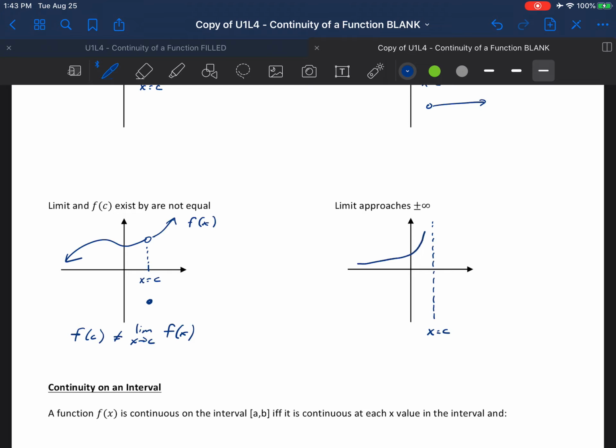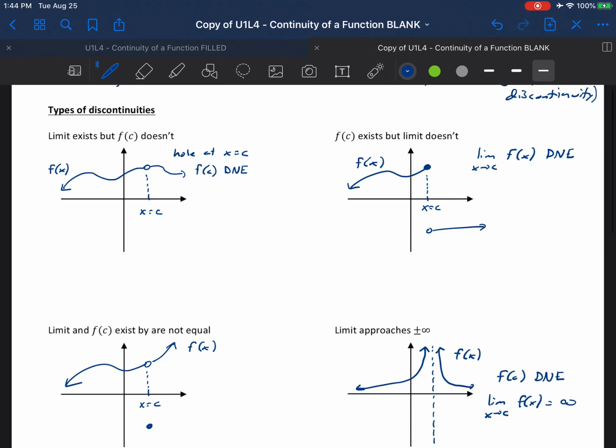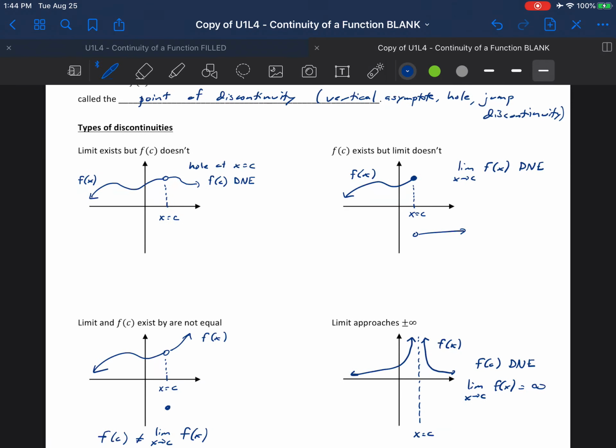We could have, say, a function that looks like this. So you could say here also f of c doesn't exist, and the limit as x goes to c does not exist either. So really, those are the four types of discontinuities that we'll see.